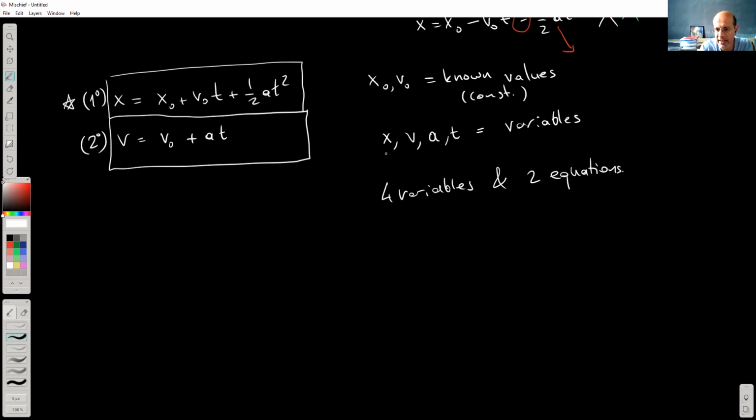But after that, among these 4 variables, I need to give 2 of them and ask the value of the other 2, right? Let me write it down: when any 2 are known, the other 2 can be computed.